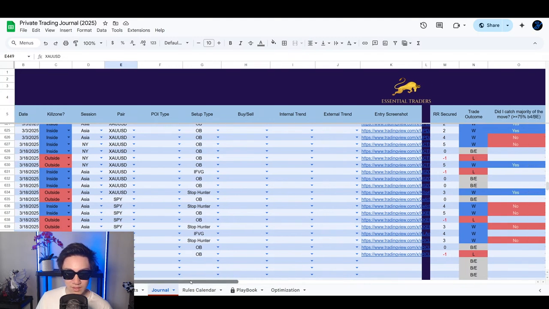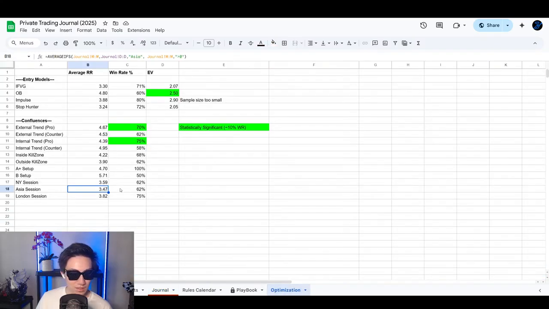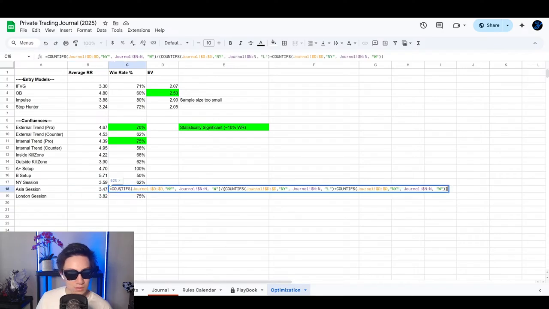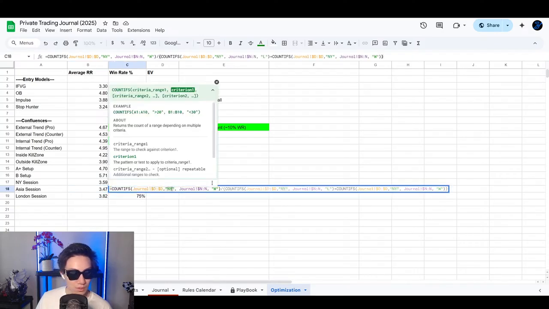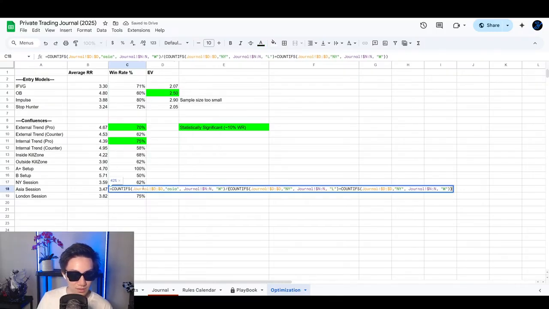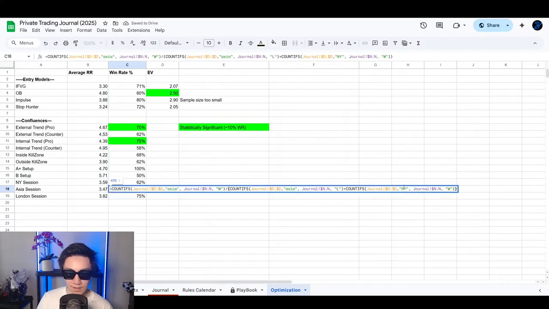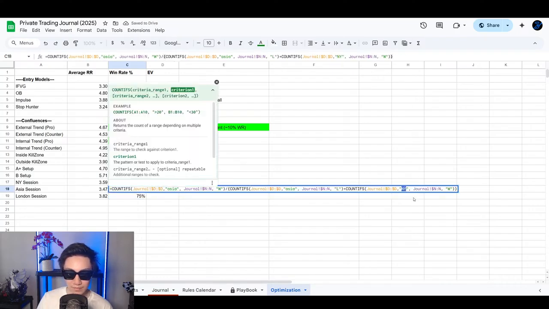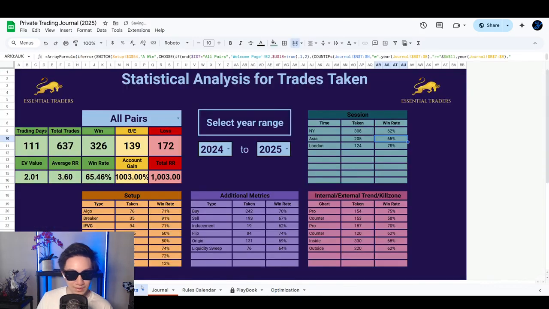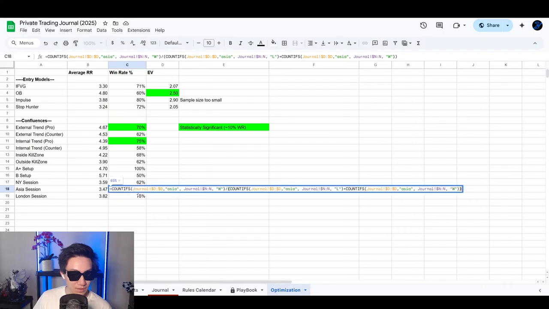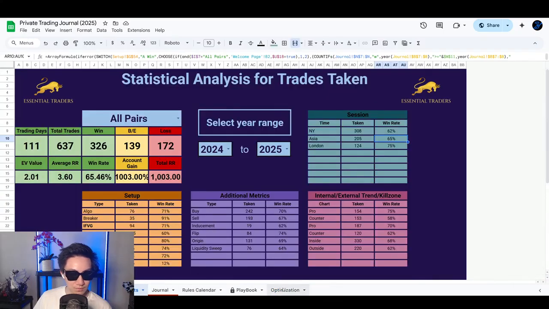I already see there's a loss here in Asia on this trade, so it should be counted as a loss. All right, we'll try one more time. It shouldn't be case sensitive either, so let's see. 49. Okay, that means the issue would have to be the winners here. Oh, never mind, now it's fixed. Anyway, I don't know what happened there. It's working now, and that's all that matters.